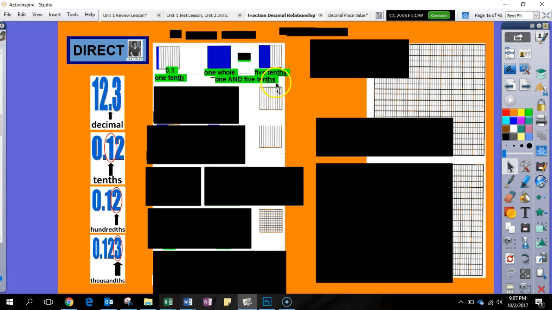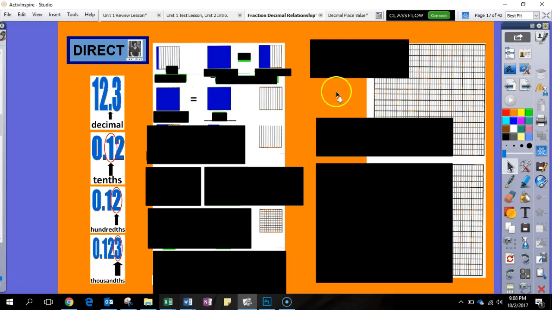Make sure the TH is on the end, 1 and 5/10. And in the middle of the two, let's write what it would look like in standard form, which is with a number, and that's with the digits 1.5. That would be 1 and 5/10. So we're modeling what decimals look like. If this is one whole, then a column simply represents 1/10 because it takes 10 pieces to make a whole.